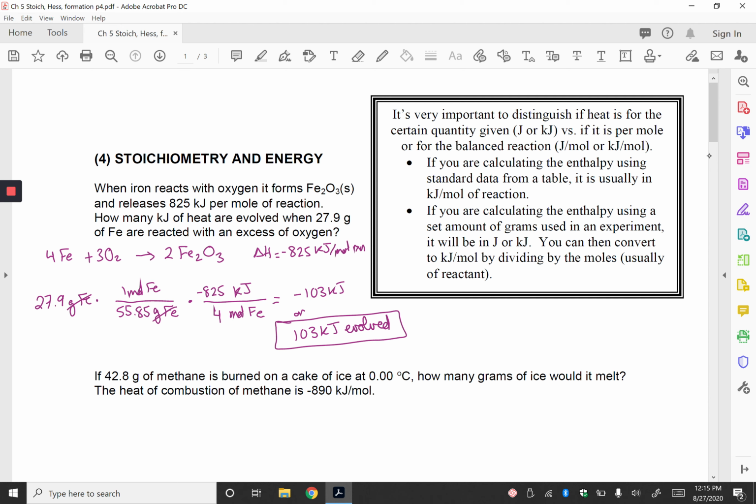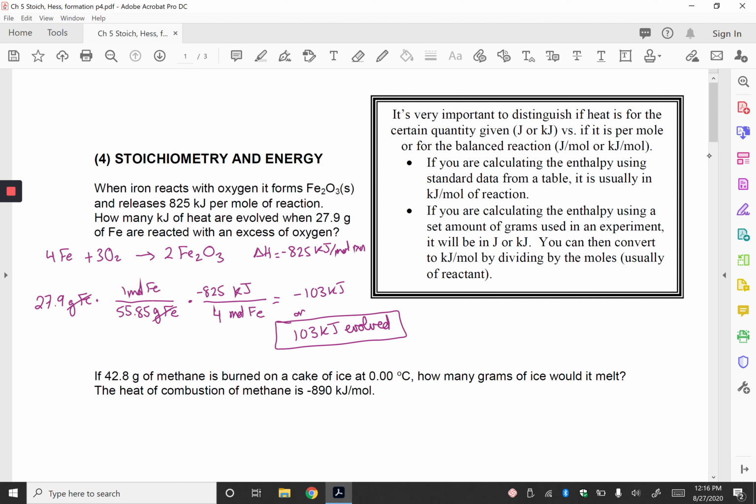So I want you to take a look at this box here. It says it's very important to distinguish if heat is for the certain quantity given, like in joules or kilojoules, like here, that was for a certain number of grams, or if it's per mole, or for the balanced reaction, kilojoules per mole.